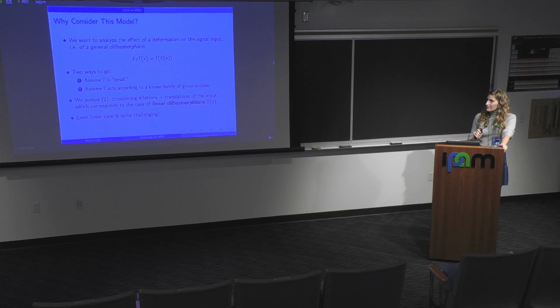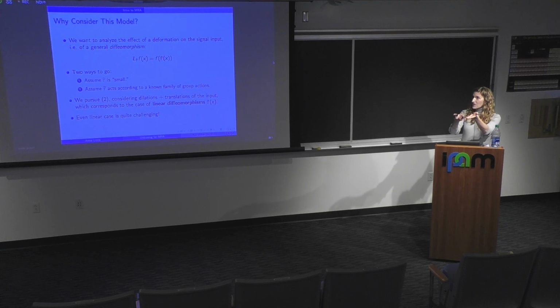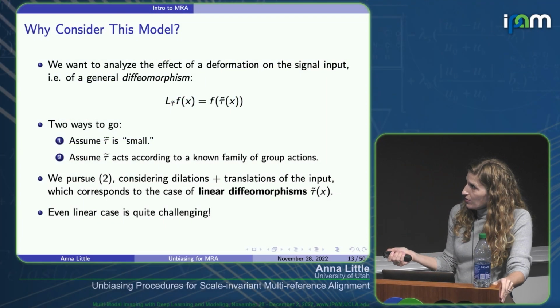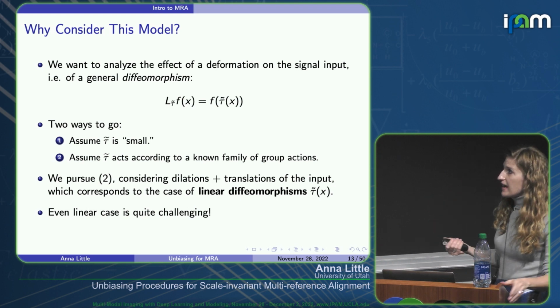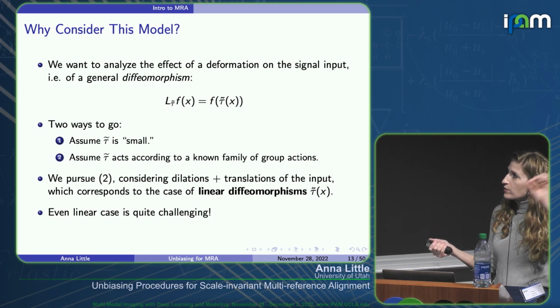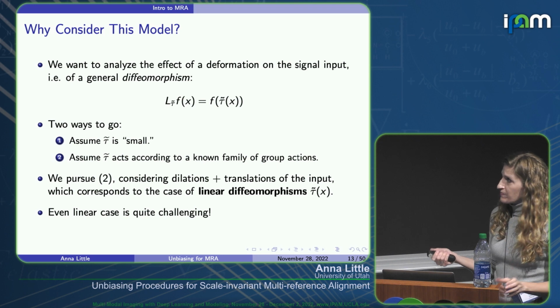Okay. So why consider this model? As you pointed out, of course, we'd probably like to be able to handle slightly different cats, not all of the same cat. So why are we thinking about this model? Basically, we want a way of analyzing the effect of a deformation on the signal input.